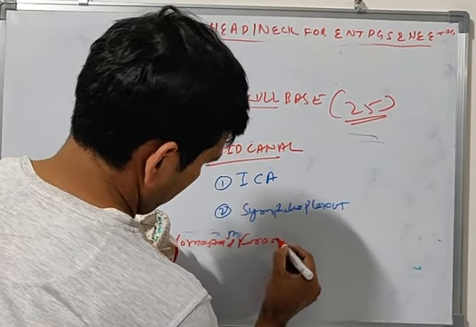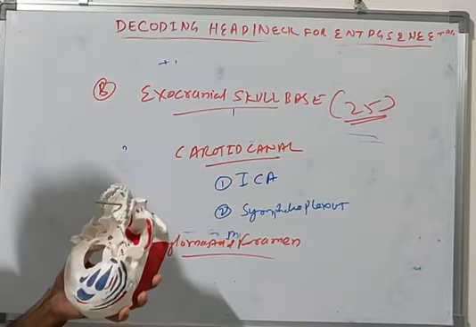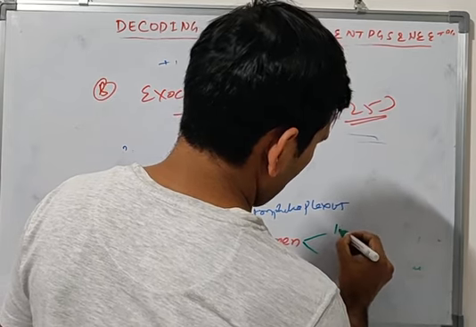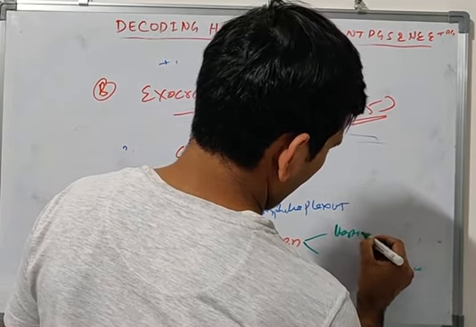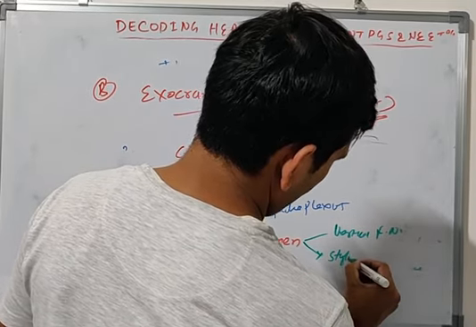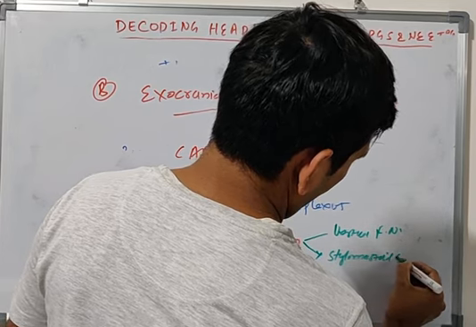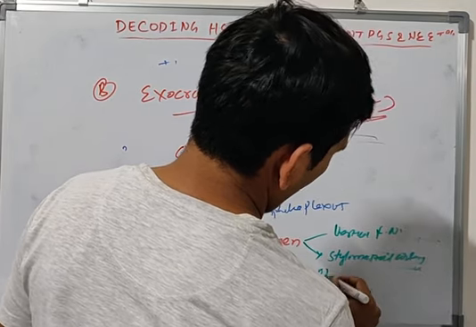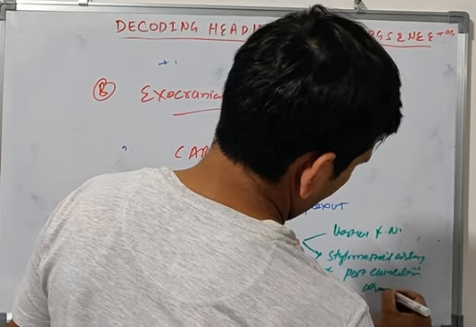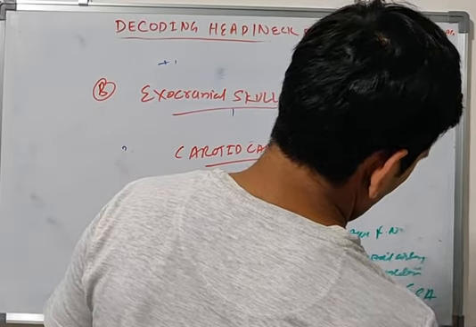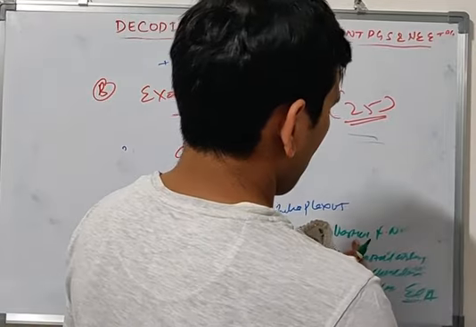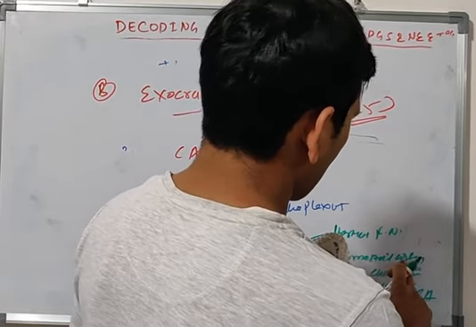The structures passing through this foramen are the vertical part of the facial nerve and the stylomastoid artery, a branch of the posterior auricular artery, a branch of the external carotid artery. So the structures passing through the stylomastoid foramen are the vertical part of the facial nerve and the stylomastoid artery.